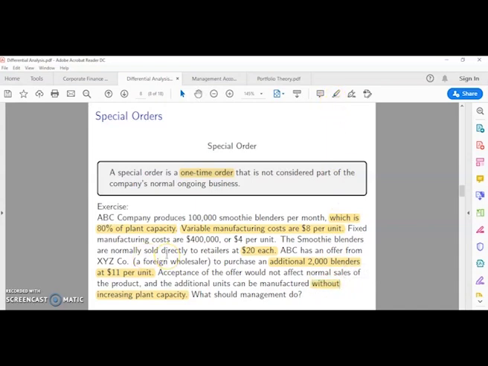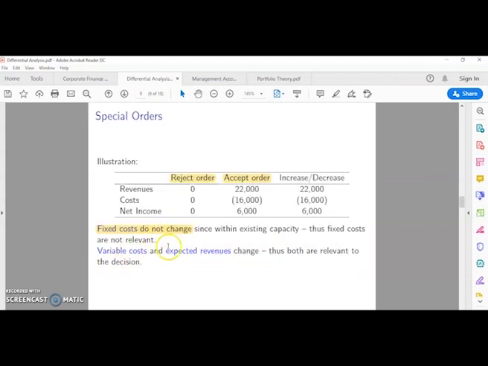But in this question, if you accept the offer, it will not affect the plant capacity. So you can produce 2,000 additional without increasing plant capacity. Means that the fixed cost will not be affected and the fixed cost will not change. Therefore, what we consider here is only the variable cost and the expected revenue that is changing. What I calculated, it's the revenue 22,000, which came from 2,000 times 11, and cost is 2,000 times 8.